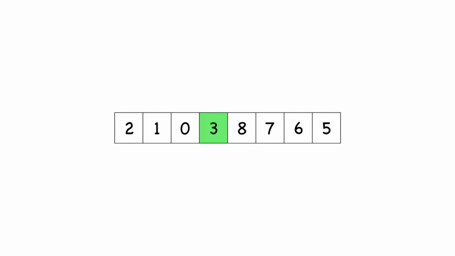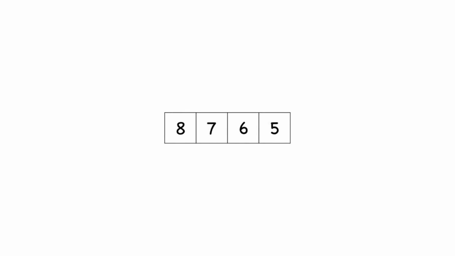We said QuickSort is recursive. Let's go through the process one more time with the larger partition we just made. We'll choose 7 as our pivot and move it to the end. I'll let you watch without voiceover.